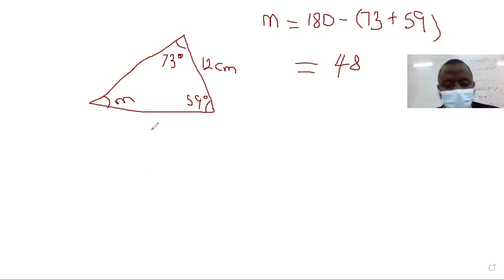So let us find the sides. Again, I want to call this side X and this side Y. Let me find my Y first. The opposite angle to Y is 59 degree.